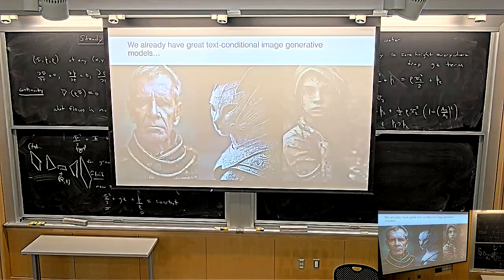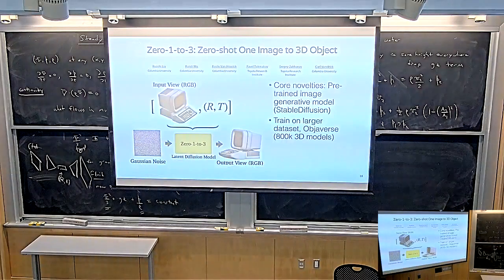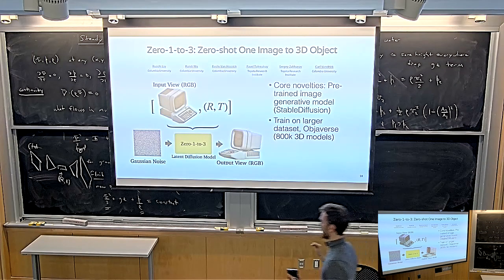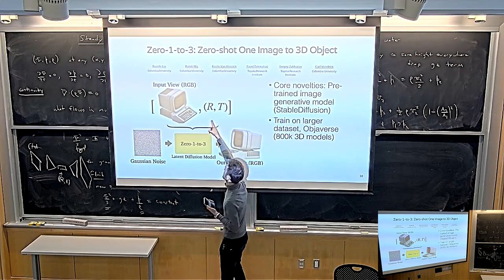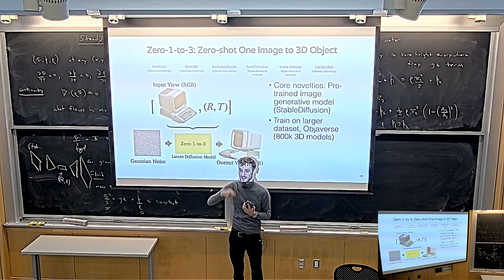What's the difference of 0123? The core insight that they had is, instead of starting from scratch and training our model on tiny little cute objects, we're going to take Stable Diffusion, which is a model that is pre-trained on millions of internet images. And Stable Diffusion already has this text thing, where you can give it a text query and then it generates an image. They just modified Stable Diffusion a tiny bit, such that they gave it the camera pose instead of the text query.